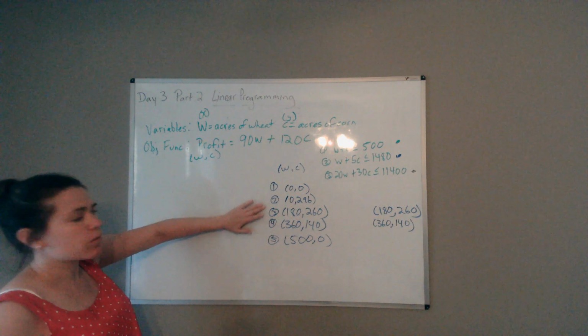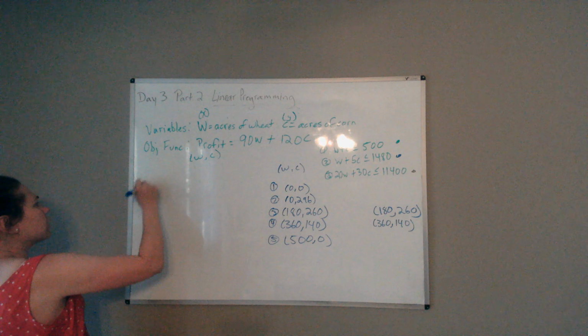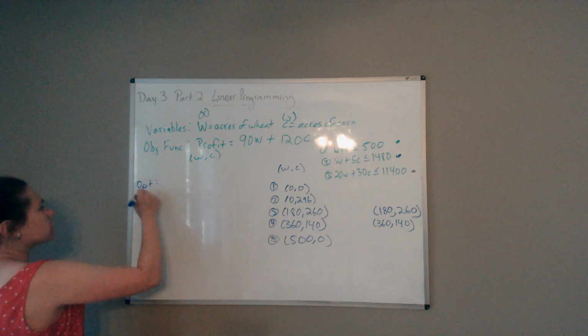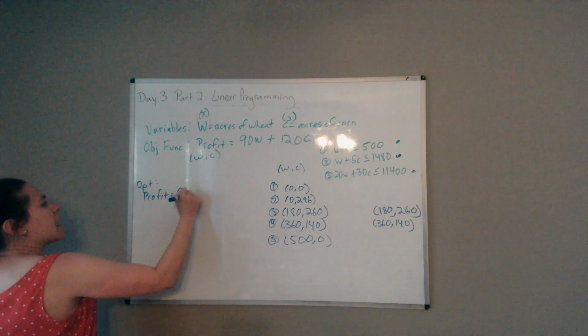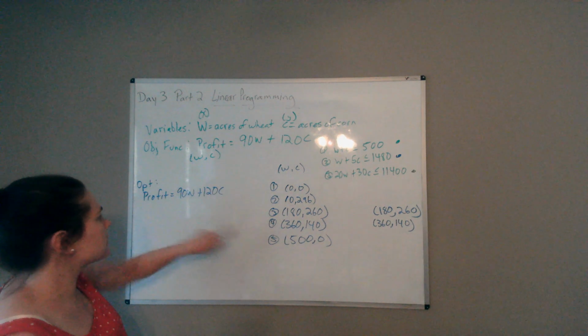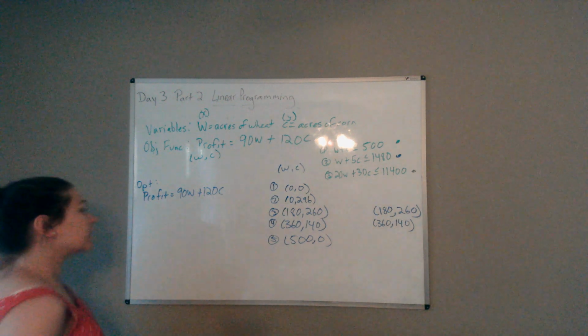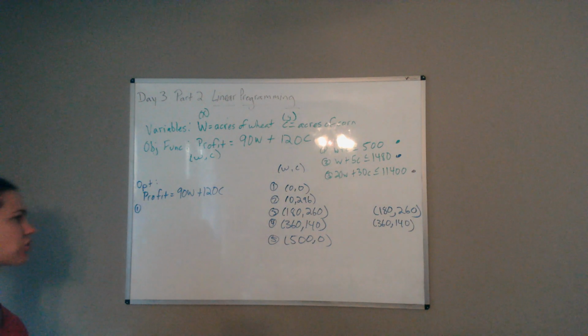Vertices mean the corner points. Here are our 5. So for the optimization part, you take your profit equation, and now you're going to plug in each of these 5 points into this profit equation, and see which one gives you the most money because you want to maximize your profit.